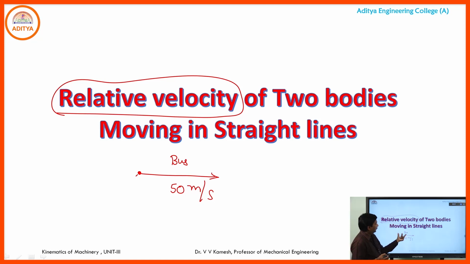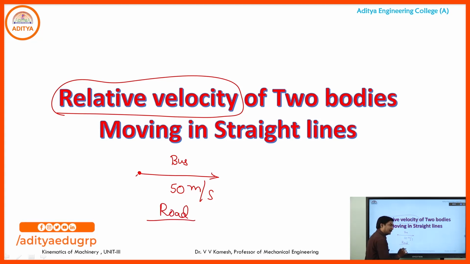And what is the velocity of the bus if we ask? Technically speaking, these 50 meters per second is the relative velocity of the bus with reference to the standard static item, the road. With reference to the road, the velocity of the bus is 50 meters per second.